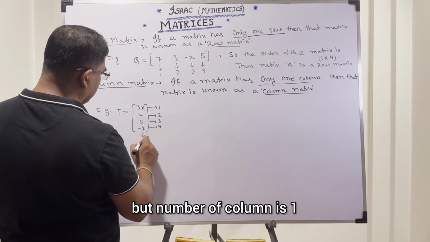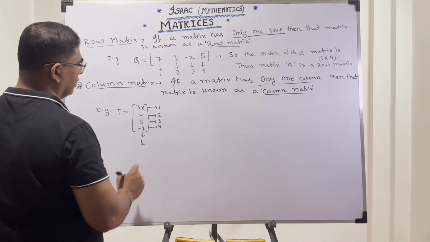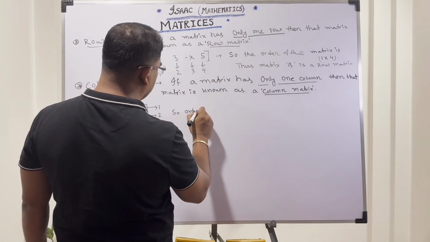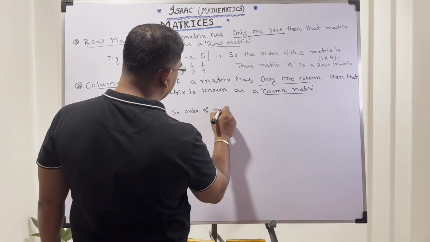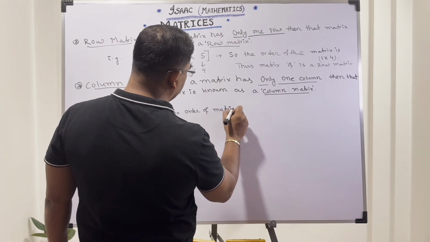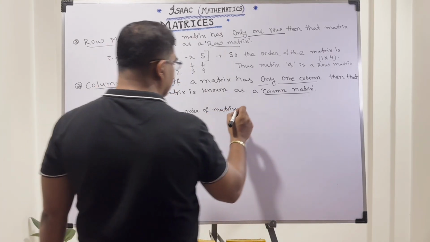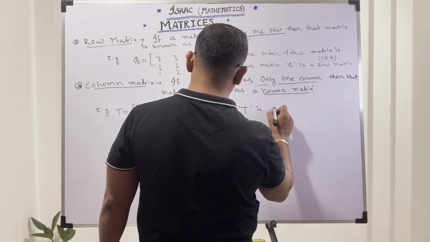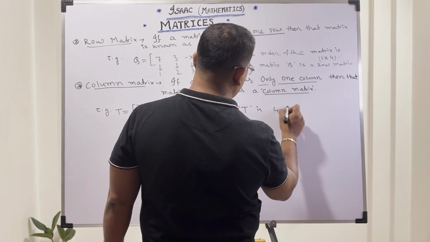But number of column is 1. So, order of matrix T is 4 by 1.